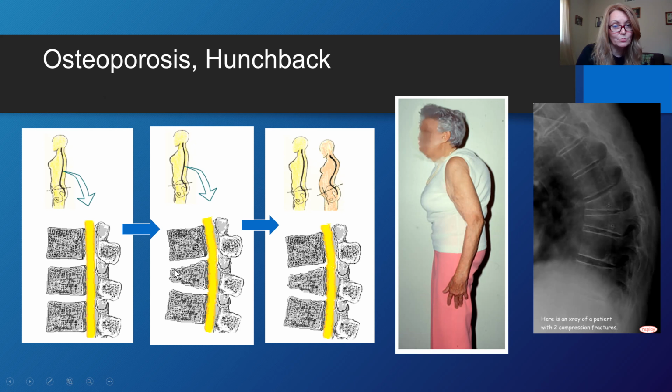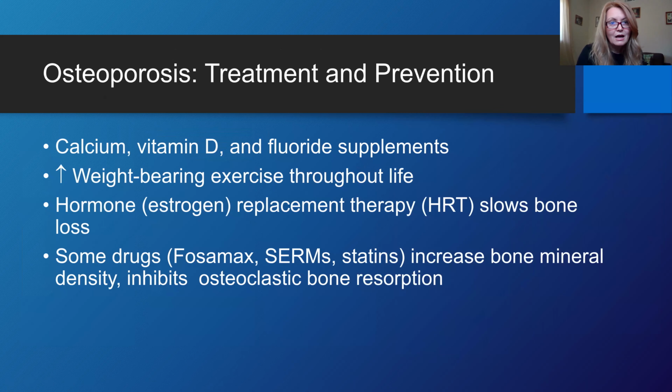You see how the bone is dissolved here, and because several vertebrae are losing their shape, right, and they became thinner, you lose this bone mass. The back has this curve that we call hunchback or kyphosis. That's the scientific name.